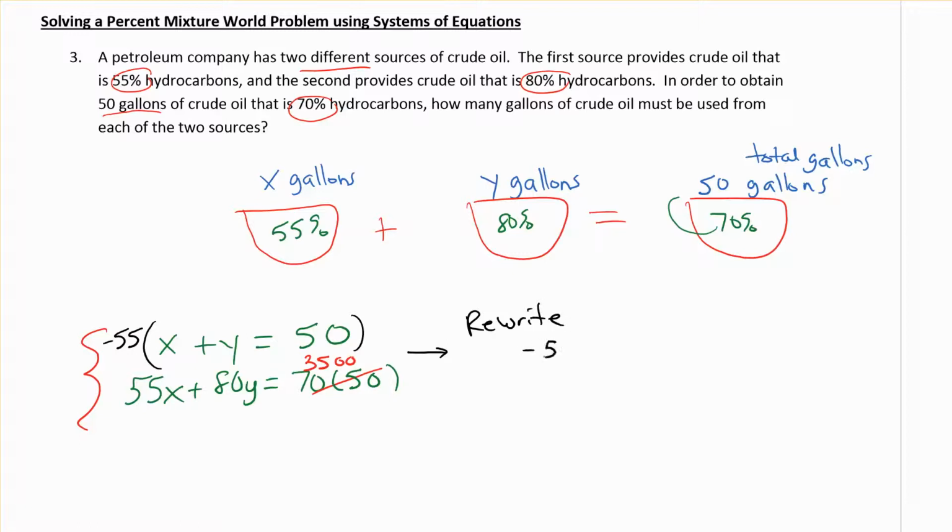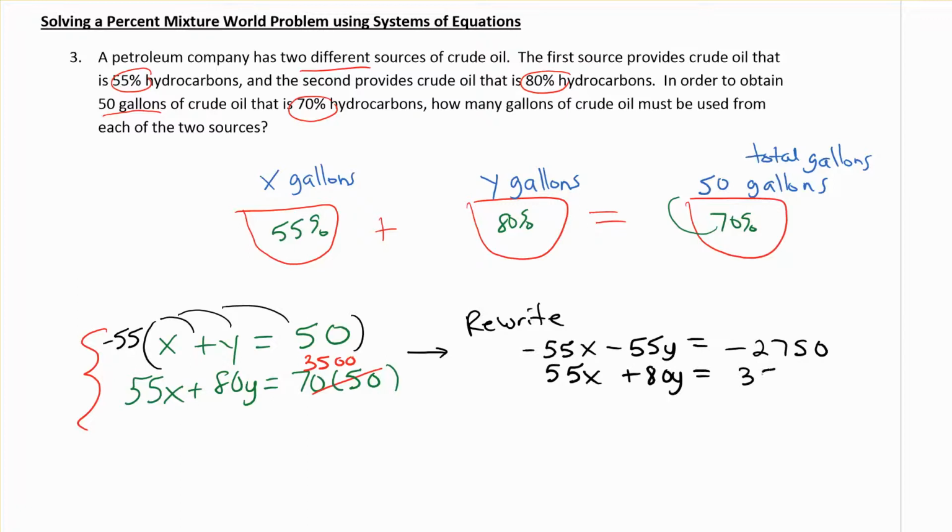I have negative 55x minus 55y equals, and you have to do negative 55 also times 50, and that's negative 2,750. And the second equation is 55x plus 80y equals 3,500.